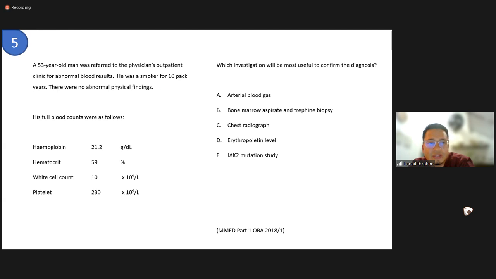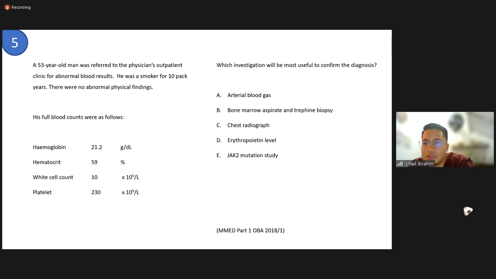malignancy or pre-malignant condition is myeloproliferative neoplasm. We just take this example: 53-year-old man, abnormal finding of hemoglobin of 21.2, hematocrit of 59, white cell count of 10, and platelet of 230. So this patient has erythrocytosis.